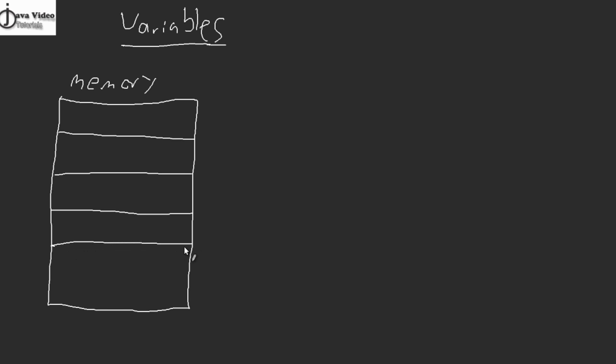Now, if you're not familiar with what random access memory is, I wouldn't really worry about it at this point. All you need to know is that this memory is some sort of a storage location, like I mentioned before, okay? So, and we want to potentially store a variable into our memory location.